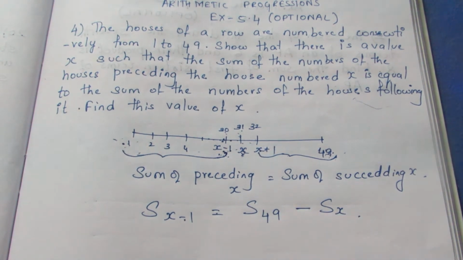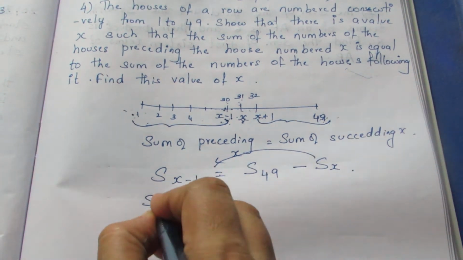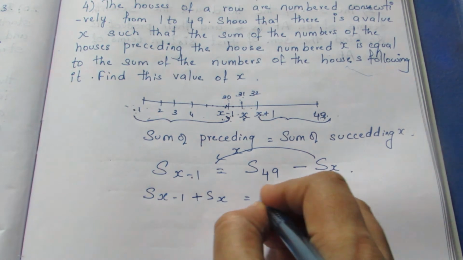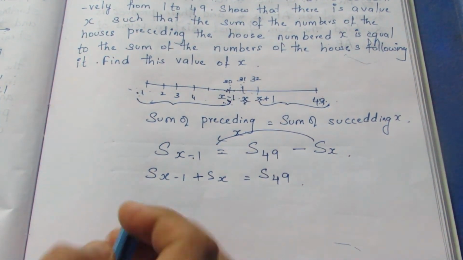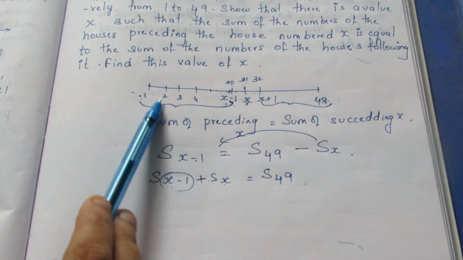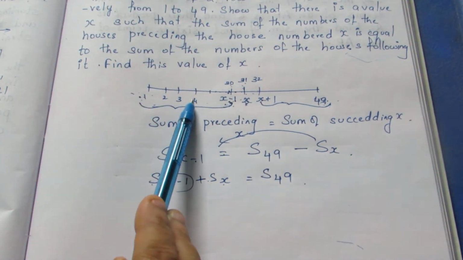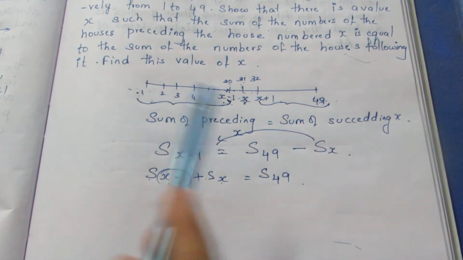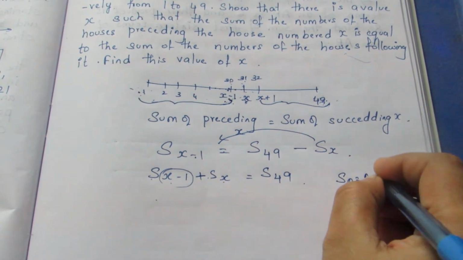Now to solve it easily, bring Sx to the other side. It comes as Sx of x minus 1 plus Sx is equal to S49. Now we know the values from the starting. Here the Sn value uses the number itself as the last term. The Sn formula is n by 2 into a plus l.